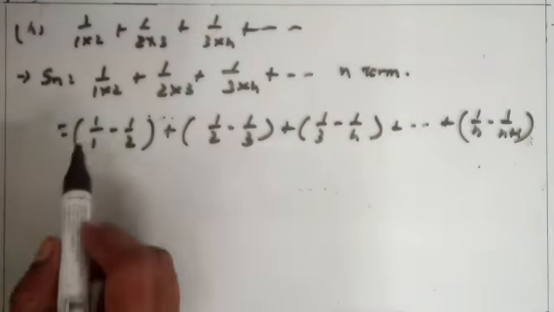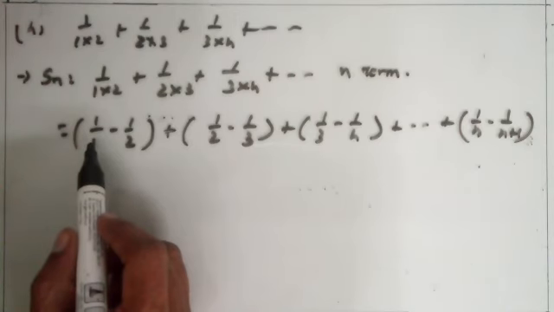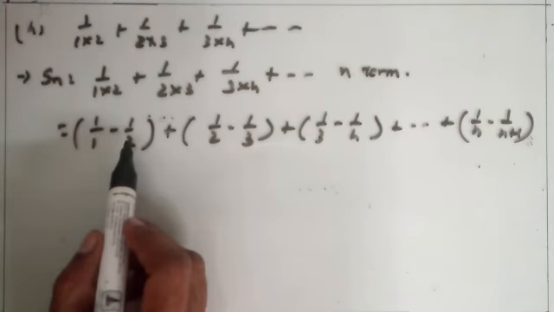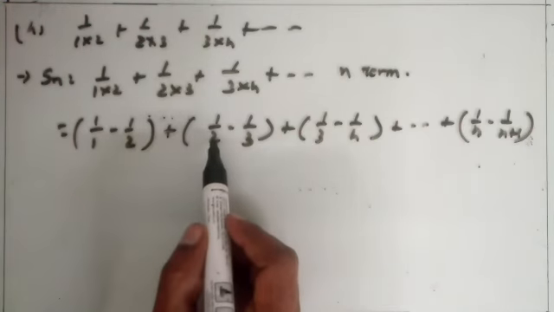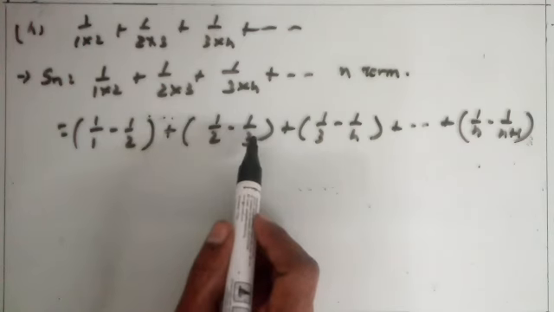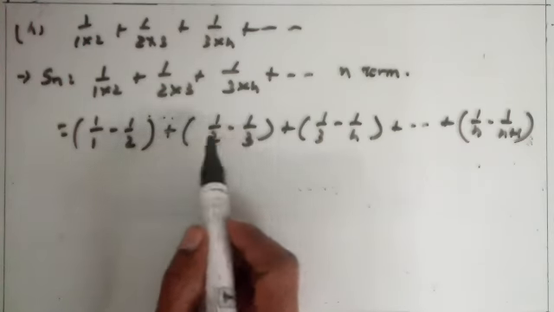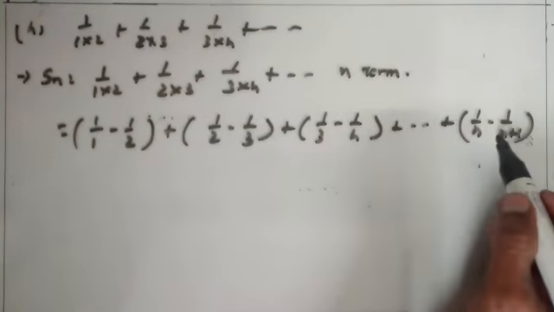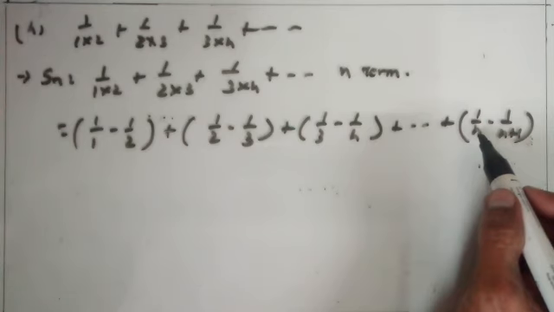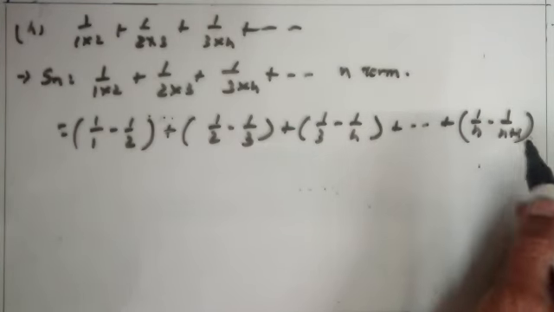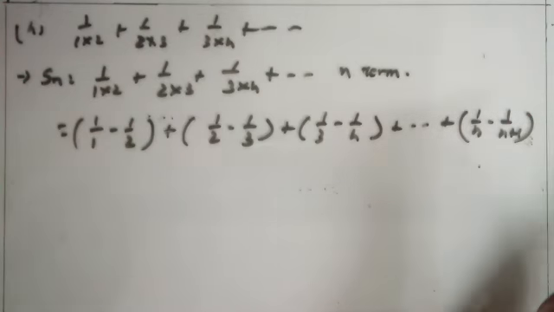In the first bracket the first term is 1, then the second term is 1 plus 1, 2. Same here in the second bracket, the first term is 2, then the second term is 2 plus 1, 3. So in the last bracket the first term has n in the denominator, then the second term's denominator is n plus 1.